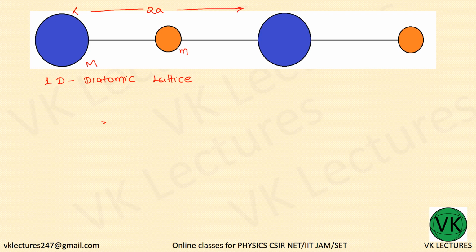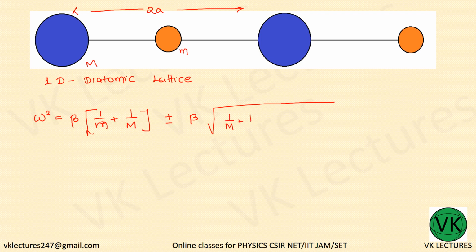Then the frequency of oscillation is given by omega square is equal to beta times (1 by small m plus 1 by capital M) plus or minus beta times root of (1 by m plus 1 by small m) whole squared minus 4 sine square Ka by m into small m.